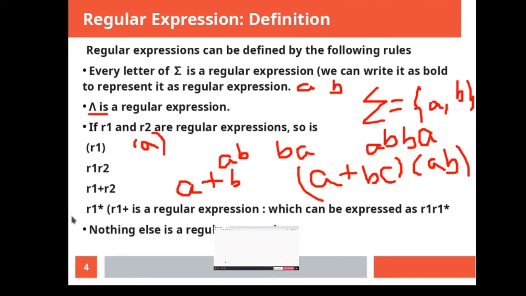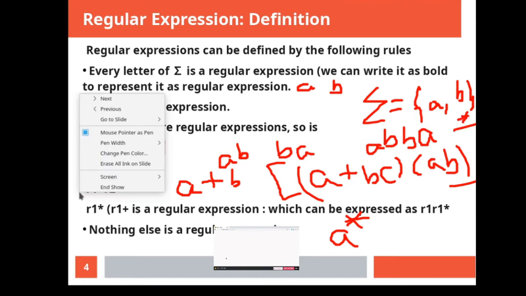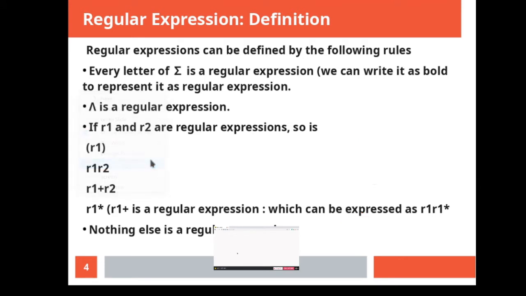And R1 star is also a regular expression. So I can say that A star is a regular expression. Now I have already formed one regular expression over here. So because R1 is a regular expression, this too becomes my regular expression. Let me just erase this slide for better reference.